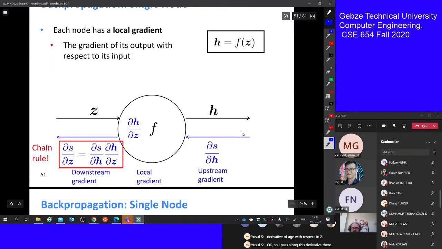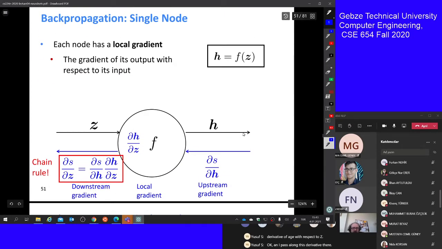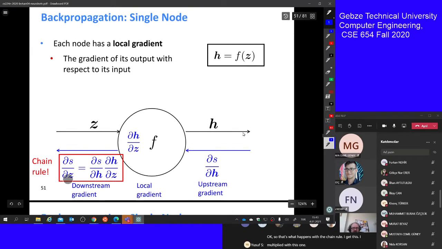So that's what happens with the chain rule. I multiply this with this one, and this will calculate that one. If I do it this way, in this order, I can go all the way to the beginning of the network, and for any parameter change, I can know how it is changing the score function.